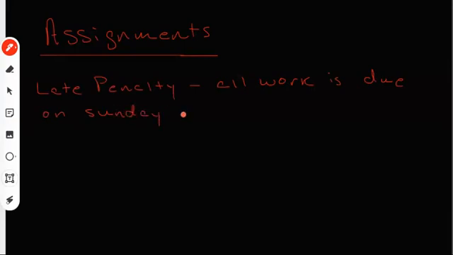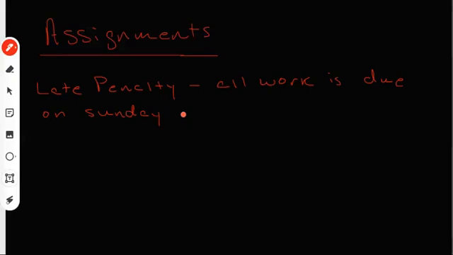Typically, what you can do is you can do all your work on notebook paper, take a picture of it with your phone, and then upload those pictures to Canvas. I've also seen a lot of kids who will use their Chromebook to take pictures of the notebook paper, and then they upload those pictures to Canvas. That's fine too if you want to do that.